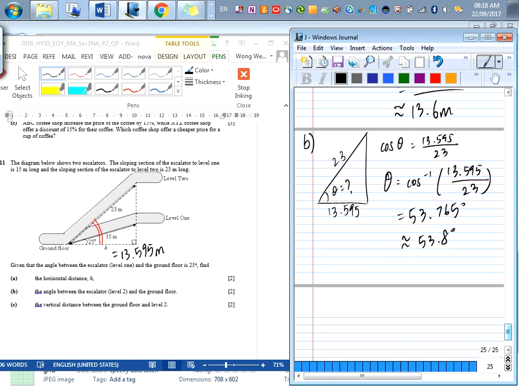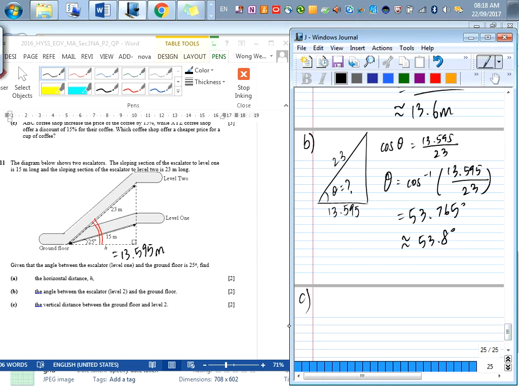Any questions? For the last one, yes, it is possible to just use Pythagoras theorem. Okay, part C. Many ways of doing it.